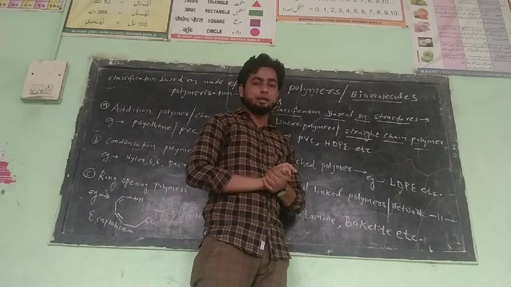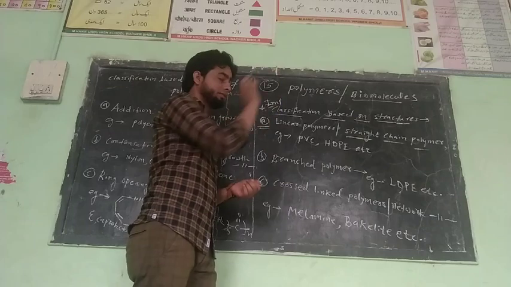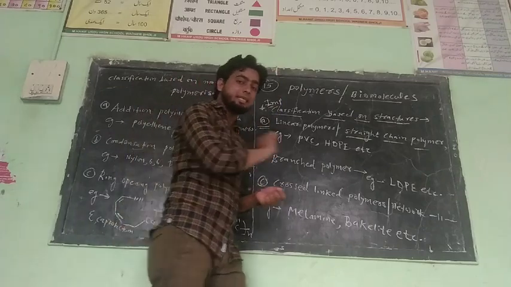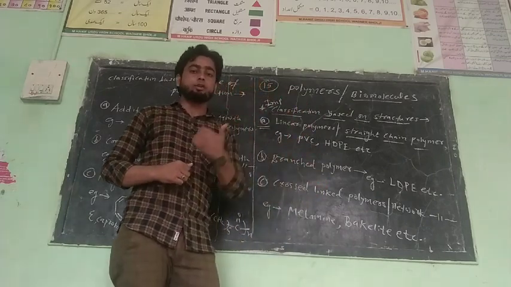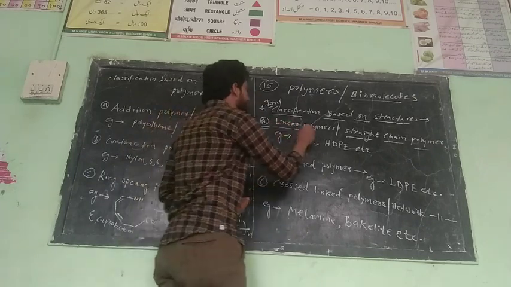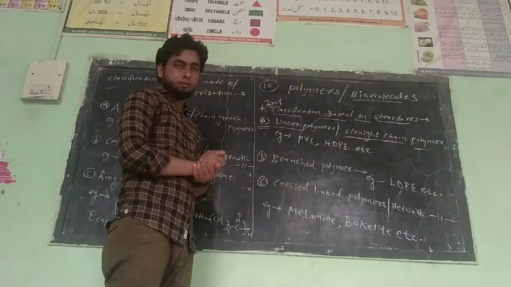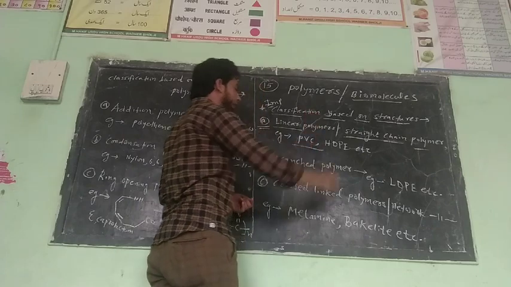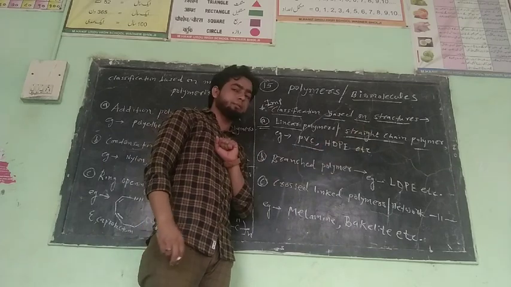It is defined as those polymers which contain a linear chain. It does not have any branch. That's why it is called linear polymer or straight chain polymer. For example, PVC, polyvinyl chloride, is an example of linear polymer or straight chain polymer.